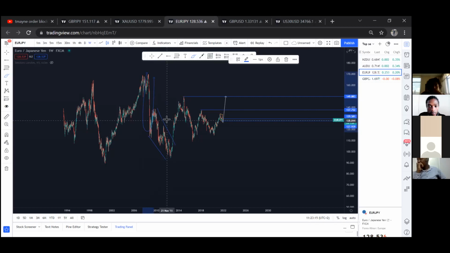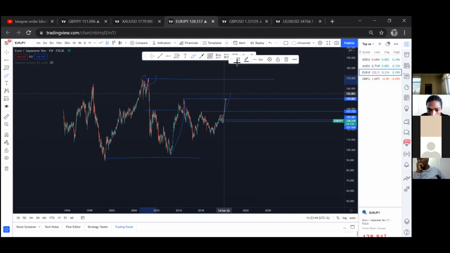Then we started seeing price printing this descending type of pattern, and then we printed some sort of double bottom formation, pushed away, and broke above this structure here, created this retracement, and then we started to see price creating this double bottom as well, again failing to break below this area to continue with this bearish momentum here. And then you can see that we are indeed looking for price to continue pushing, even overall to see these highs being taken out by Euro JPY.